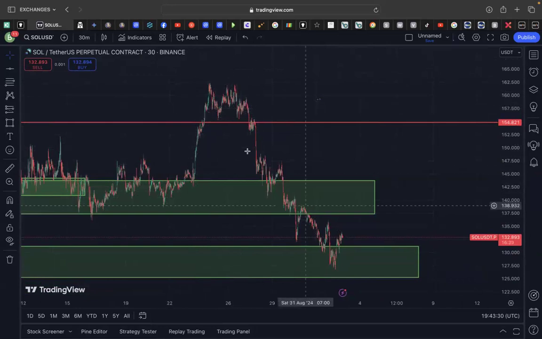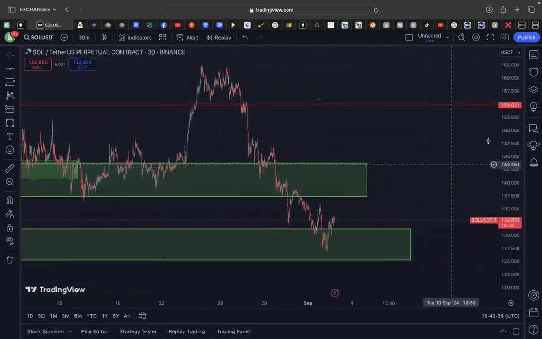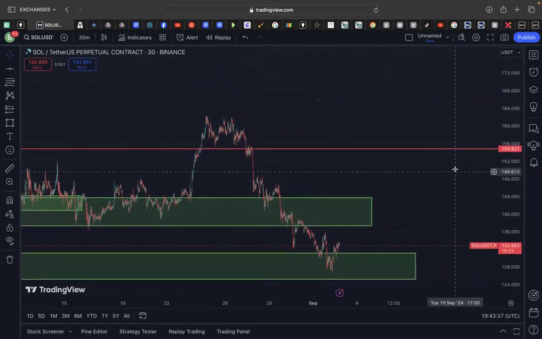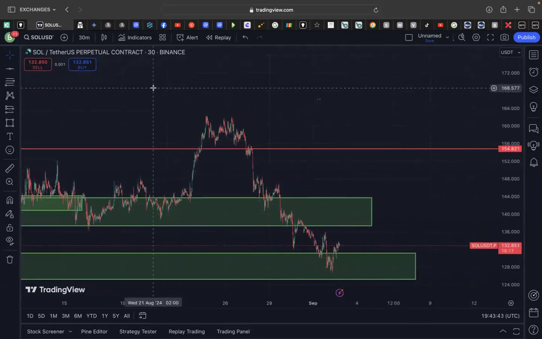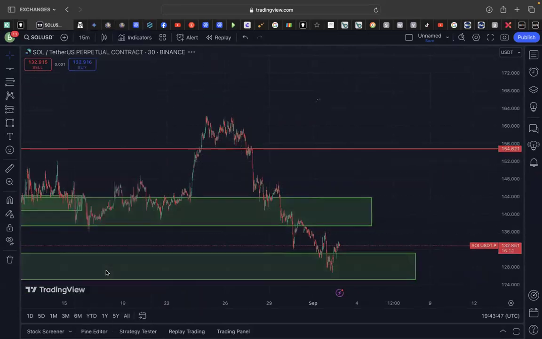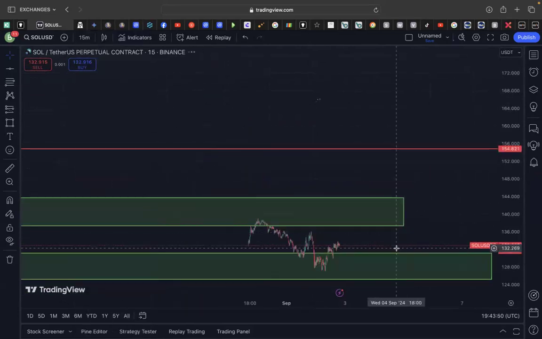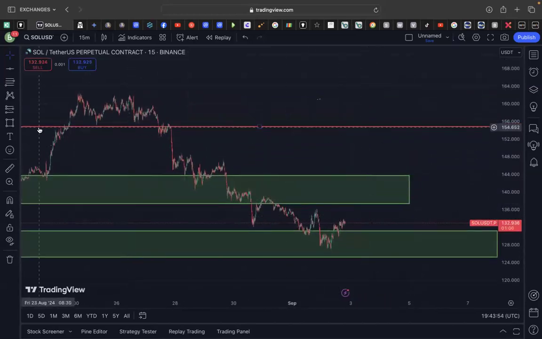As you can see, the lower the chart, the more details you see on the chart. This is the 30-minute, the 15-minute for the day traders, basically day trading the movement.